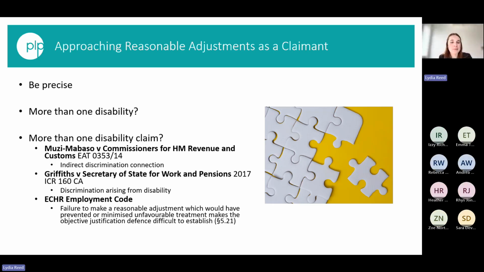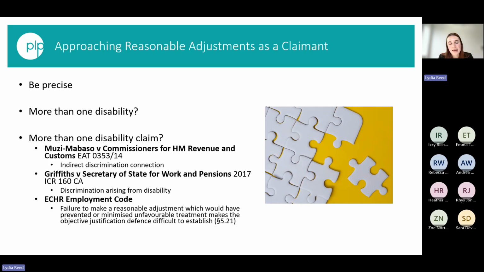Looking now at practicalities and how reasonable adjustment claims work in practice, I'll start with approaching claims from a claimant's perspective. And really, the most helpful to both the claimant and the tribunal is to be precise.